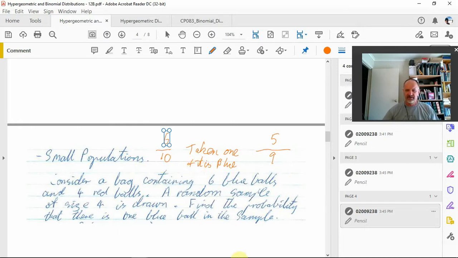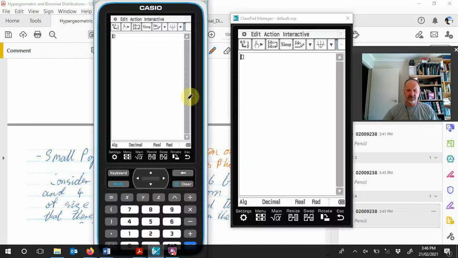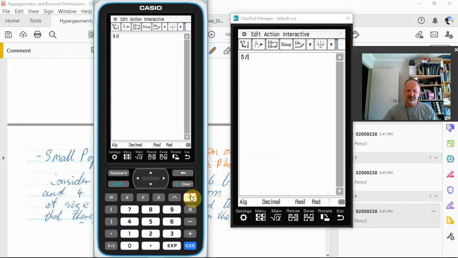So 5 divided by 9 is 0.55, but 6 divided by 10 is 0.6. So as you can see from that, that's quite a significant difference in the probabilities.